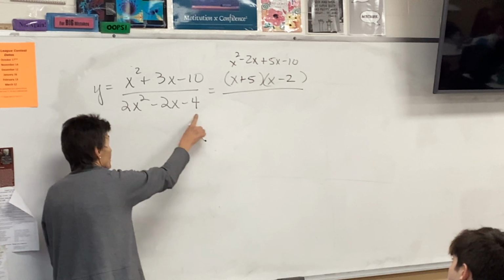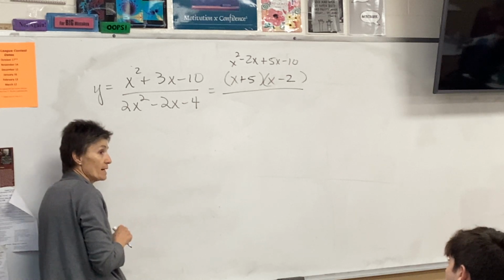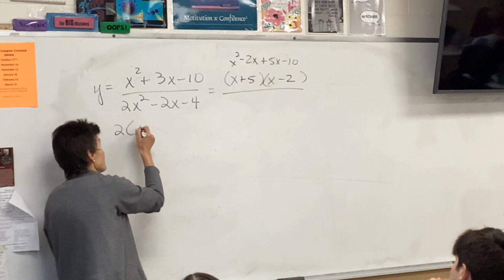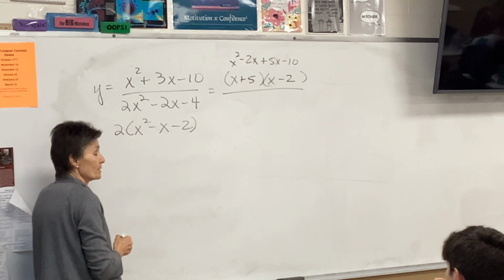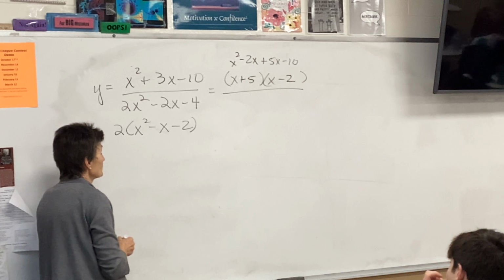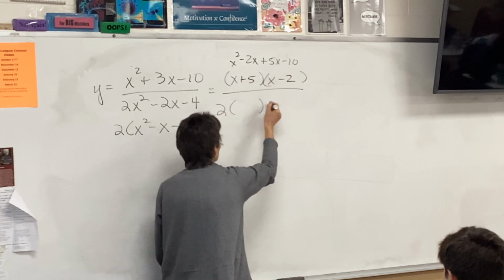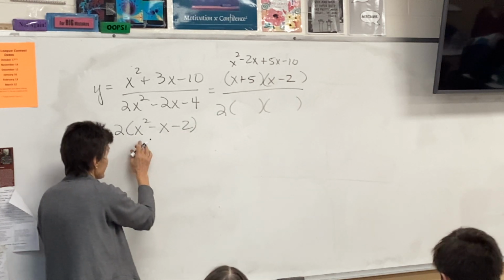Look at it. What do you notice about it? I hope you notice you can take out a 2. That is gonna make your life so much easier. Because then you keep the 2, and you're just factoring this guy, which is a little easier.